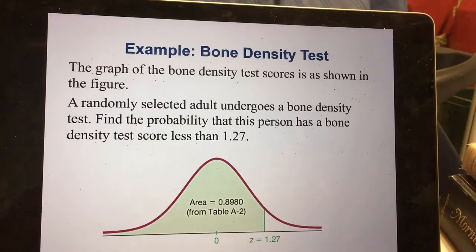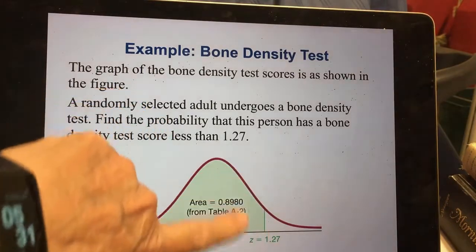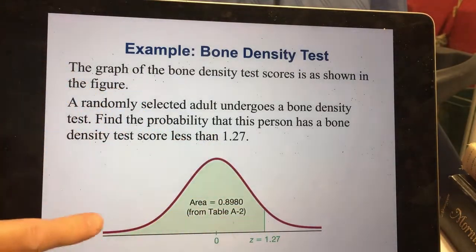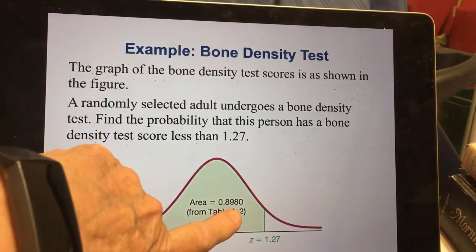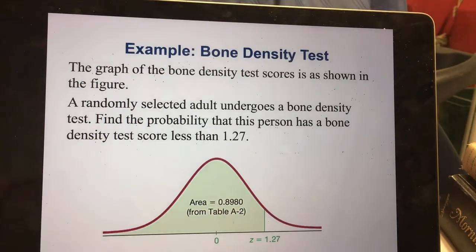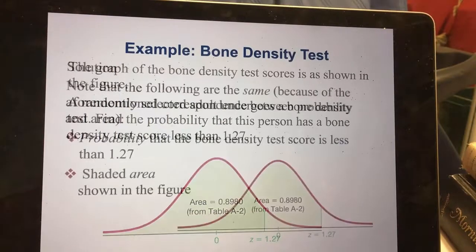Since we're looking at less than 1.27, this probability is this whole area over here. So basically, you've got an 89.8% chance that this person is going to have a bone density less than 1.27, because that's the score in the table that corresponds to a z-score of 1.27.